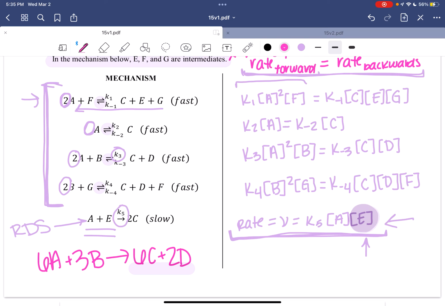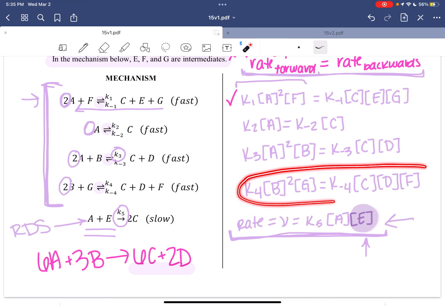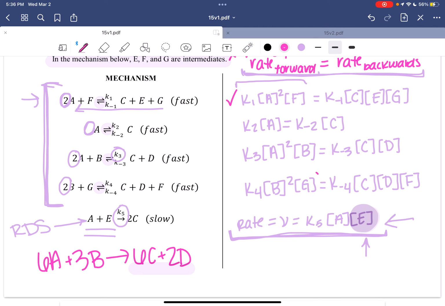So we've already used this first one. And what you'll notice is that in this fourth mechanism step right here, we have both G and F. And it's okay that they're on different sides of the equation, because we will eventually get them on the same side of the equation once we do a little bit of manipulating.